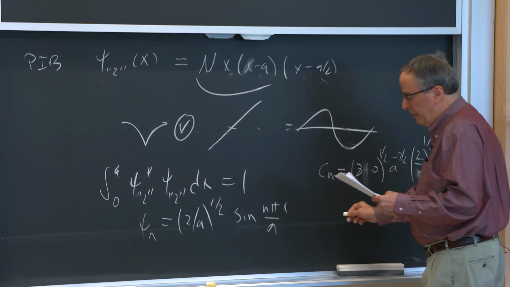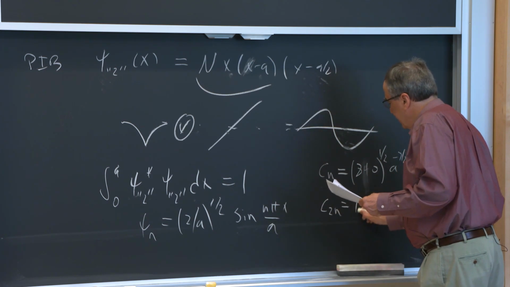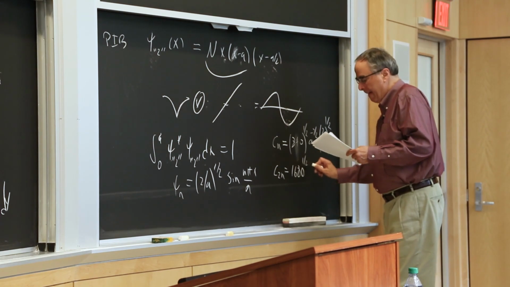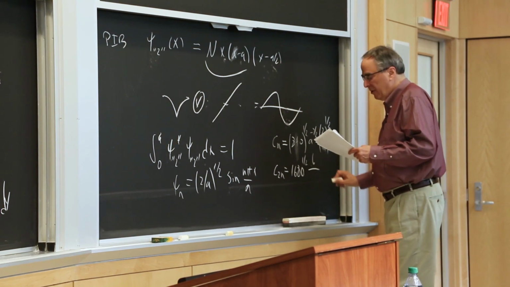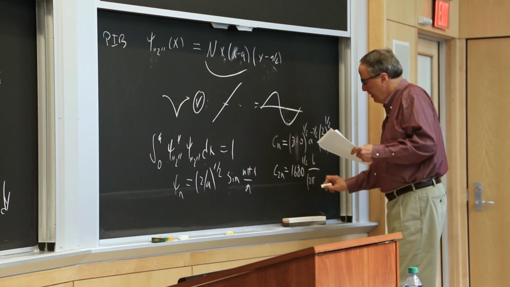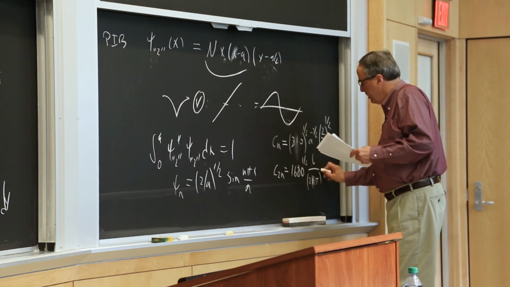times the integral. Anyway, so we get C2n is equal to 1680 square root of 6 over (2n pi) cubed.